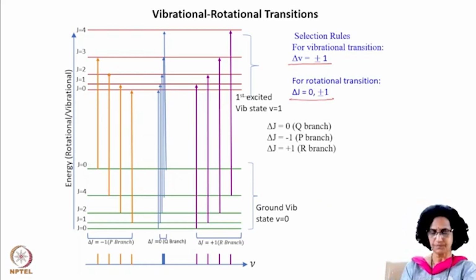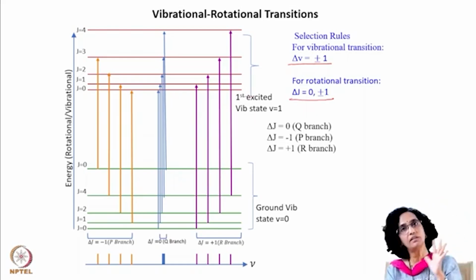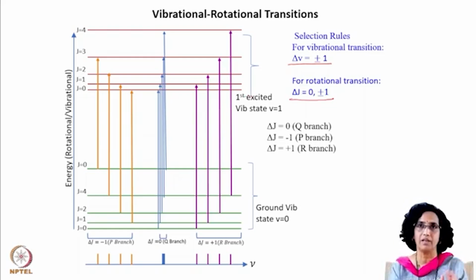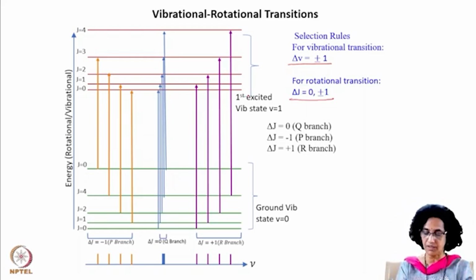Now let us consider what I show here: the ground vibrational state and the first excited vibrational state. This is all in the ground electronic level. We are not going to the higher excited electronic level.